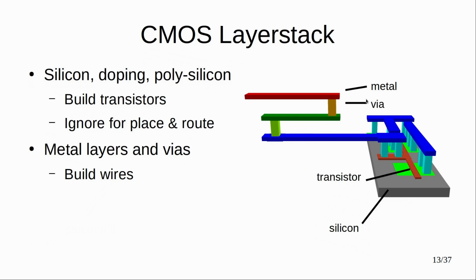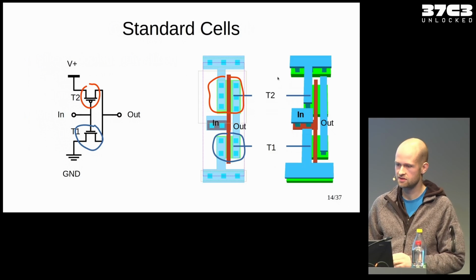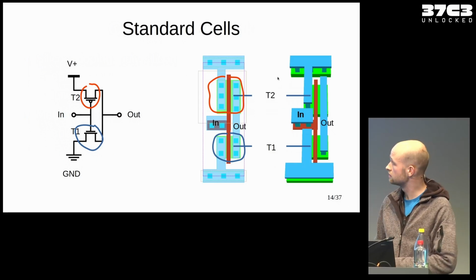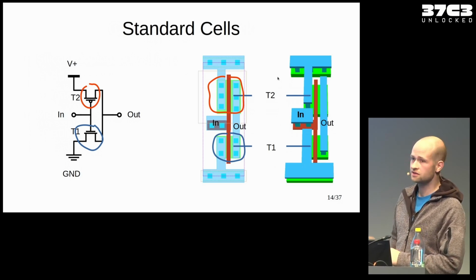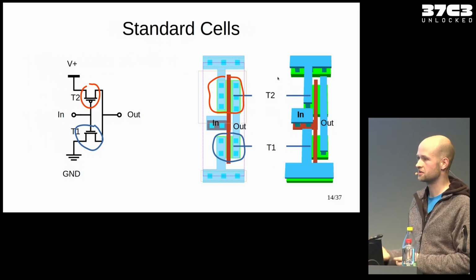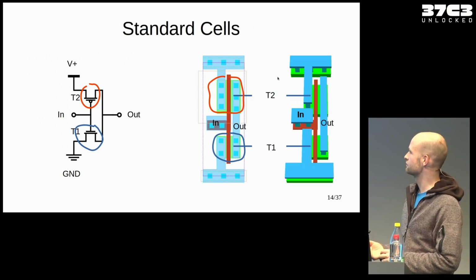Now what you see here is such a logic gate, a standard cell. It's actually an inverter. That's one of the simplest cells you can build. It's made of 2 transistors. Here on the left you see the schematic representation. In the middle you see the 2D representation. That's usually what chip designers have on their screen. But I find it kind of hard to understand from the first glance what it actually represents.